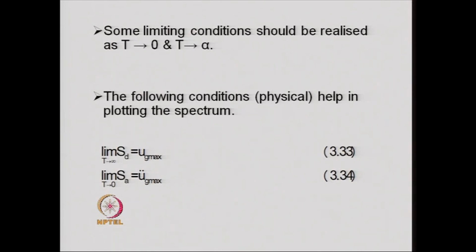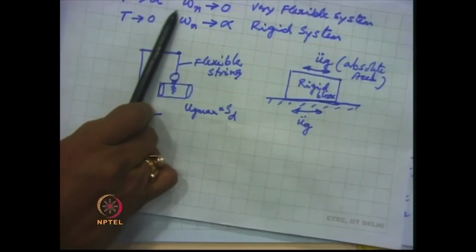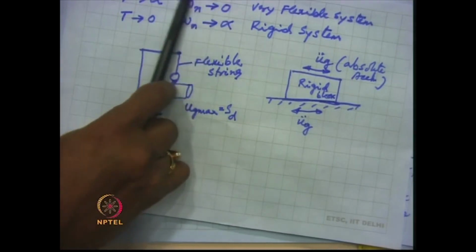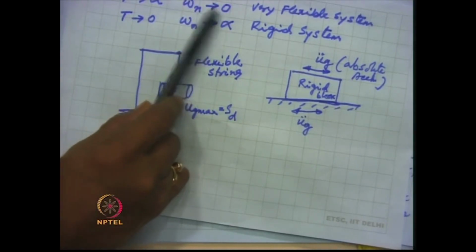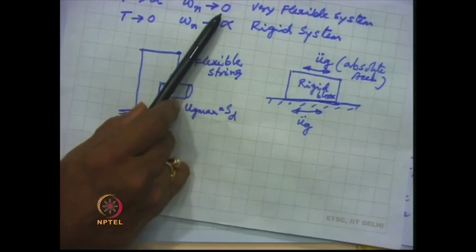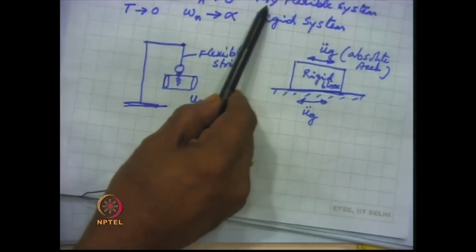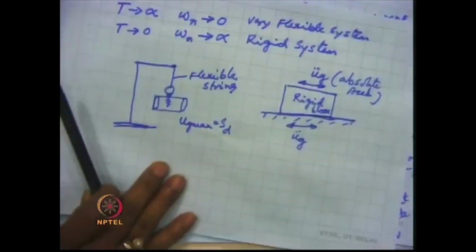When t tends to infinity, the frequency of the system tends to 0, and those kinds of systems are called very flexible systems.